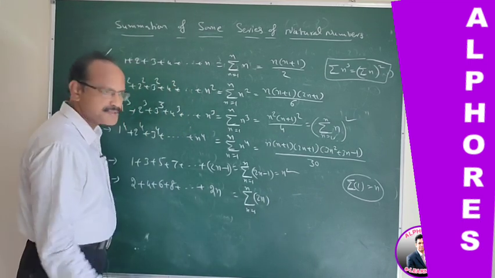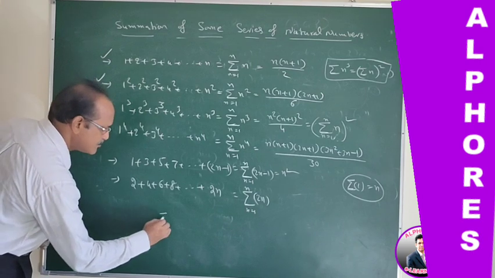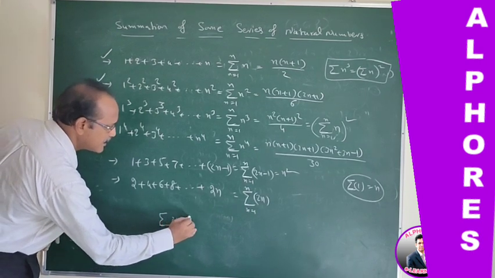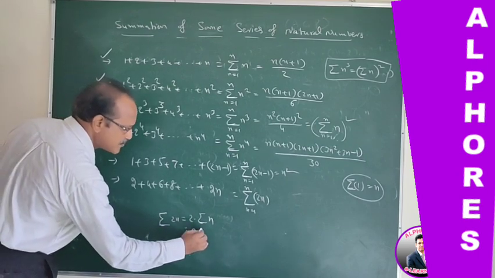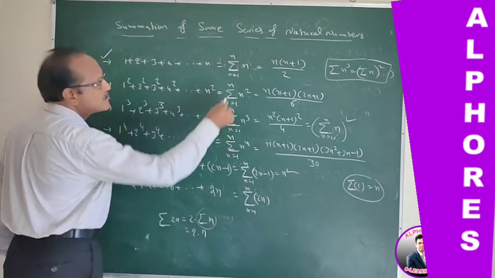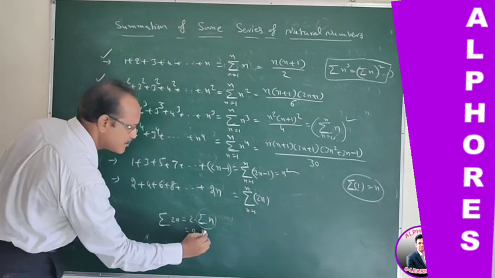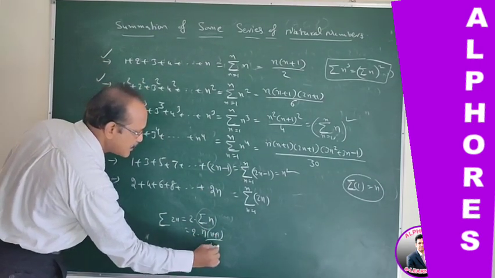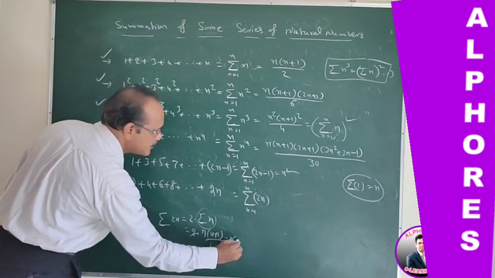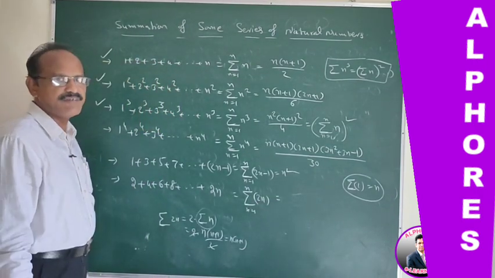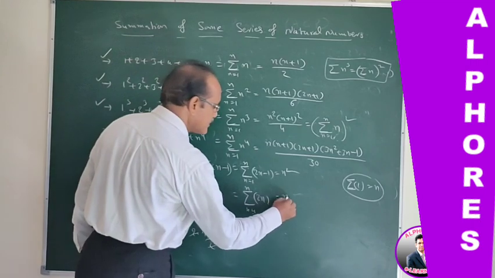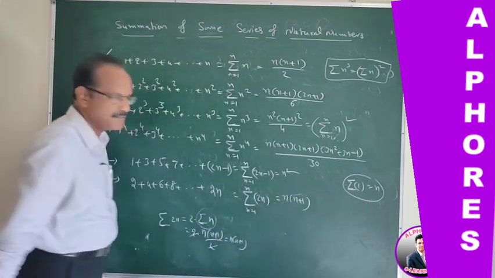That is, sigma of 2n can be written as 2 times sigma of n, that is 2 times the sum of the first n natural numbers, n into n plus 1 by 2. 2 gets cancelled. The sum of the first n even natural numbers is given by n into n plus 1.